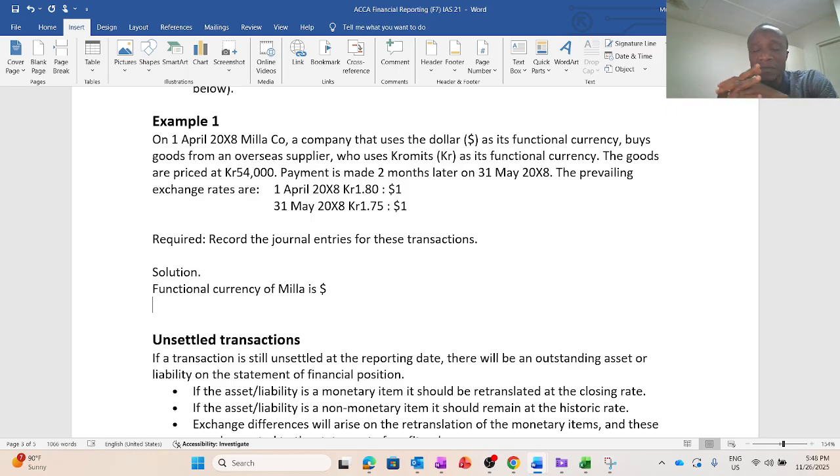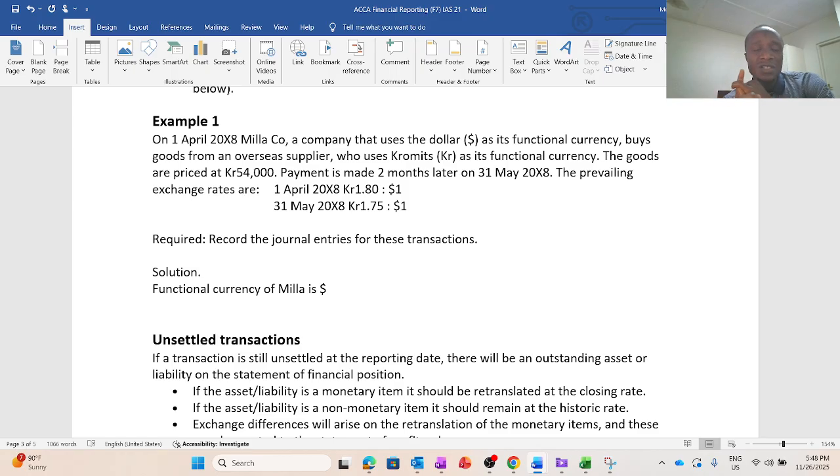So automatically, this has resulted in foreign exchange risk. The goods are priced at 54,000 KR and payment is made 2 months later on the 31st May 20X8.